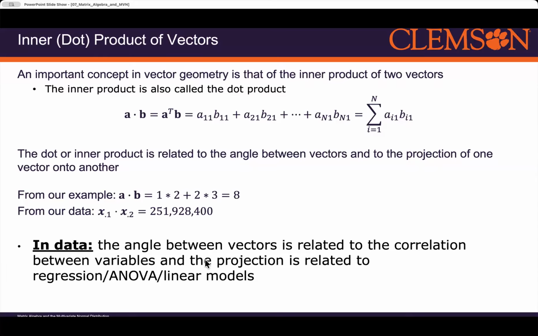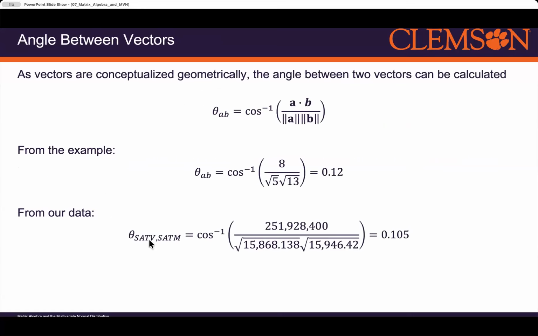And that projection is really related to what we do in linear models. So the angle between vectors, as vectors, we can remember, we can think about that geometric representation, that two-dimensional graph of vector A and vector B. The angle between them is equal to the inverse cosine of the inner product of A and B divided by the length of A times the length of B.